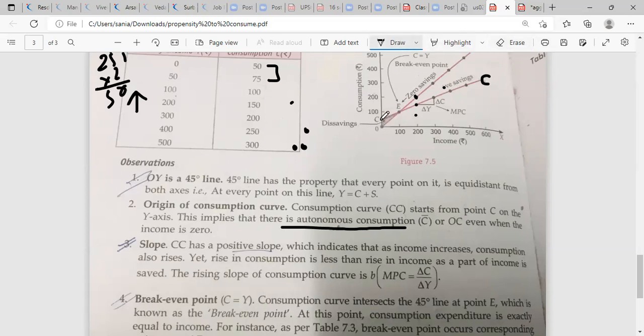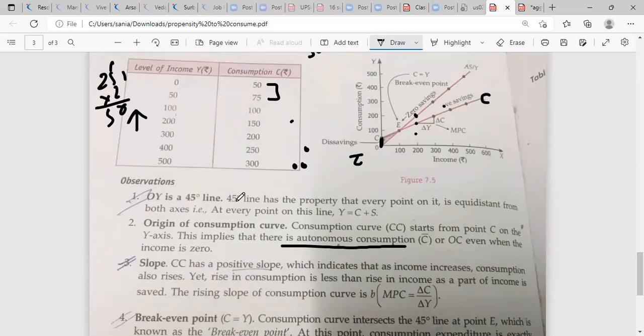This gap from O to C is your autonomous consumption, even when there is zero income. Basically, when your consumption is not being affected by your income, that is known as autonomous consumption. Here your level of income was zero, but still you were consuming, right?